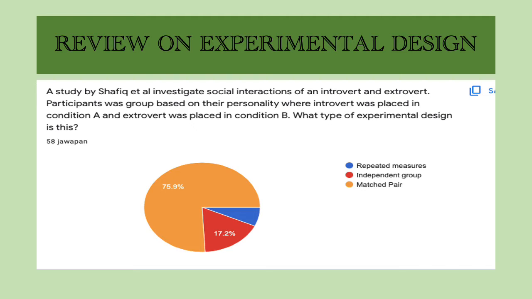I thought this question was quite easy to answer because it's kind of given, as I already said that they were grouped based on their personality. Okay, so hopefully it's more clear now and you wouldn't make this kind of mistake again. Okay.